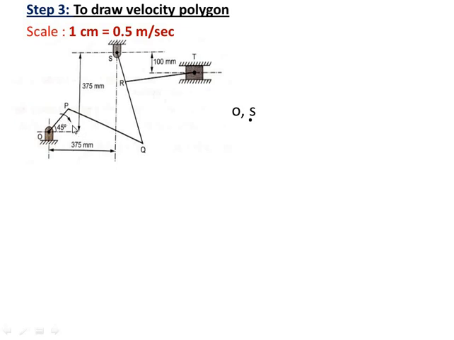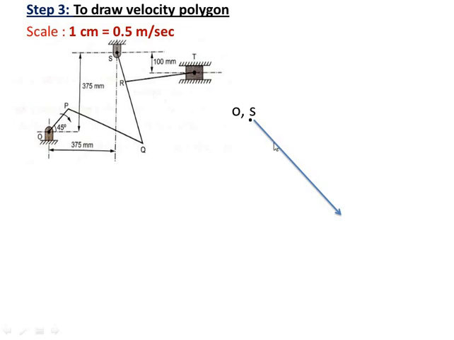It is rotating clockwise. So velocity vector of OP will be downward because it is moving in a downward direction. Link OP is moving in a downward direction, so its velocity vector will be in a downward direction. If this link is moving in an anti-clockwise sense, it is moving up, so in that case its velocity vector will be upward. So velocity vector of OP should be drawn from O, perpendicular to OP in the downward direction.